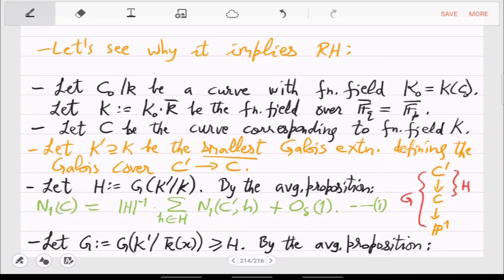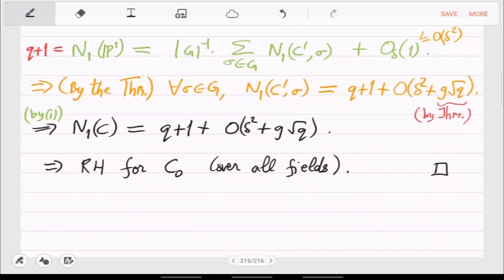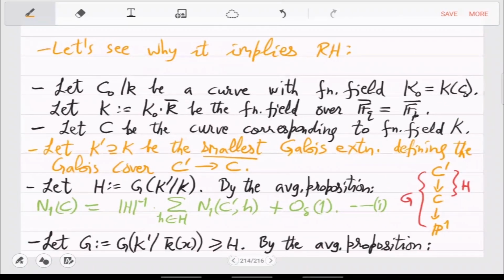So what you have is N1C, and N1C is equal to N1C0, because the only difference between C and C0 was in introducing these F_q bar constants in the function field. So you have the same curve C0, but you are looking at it as a curve over K bar. That does not change N1. N1C and N1C0 are equal.